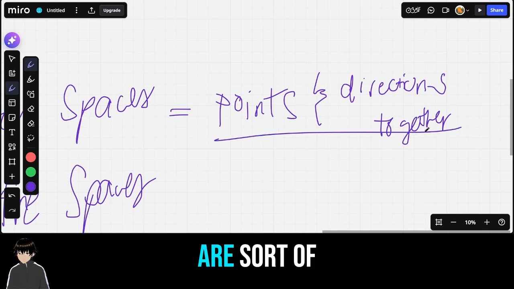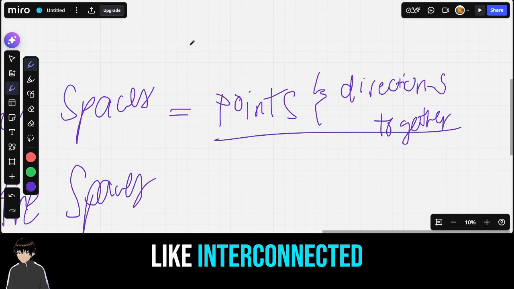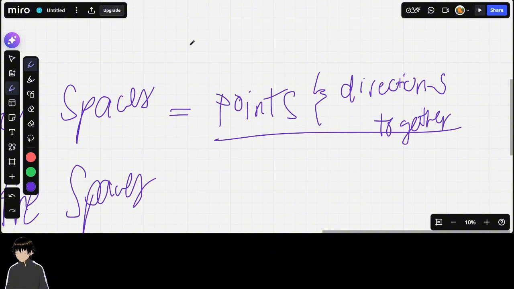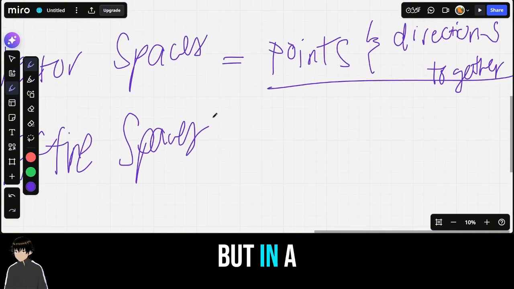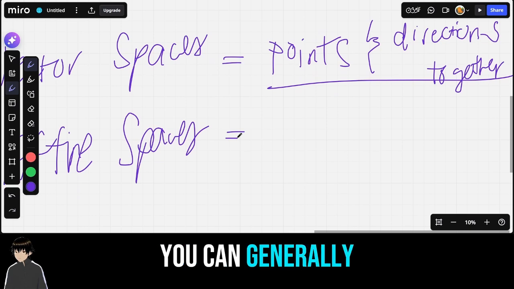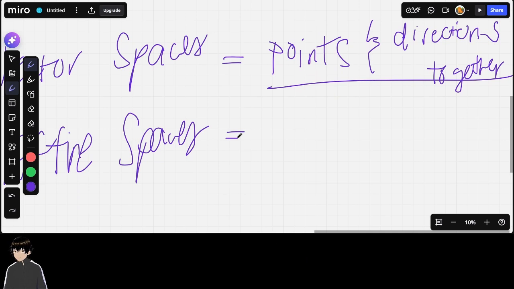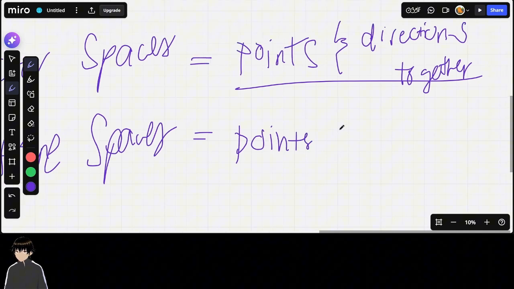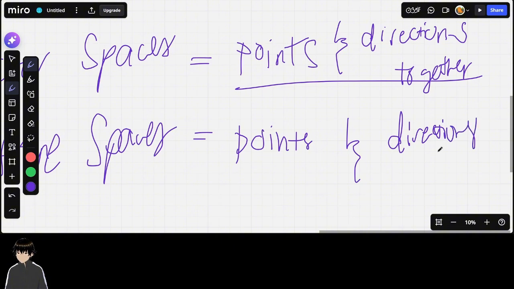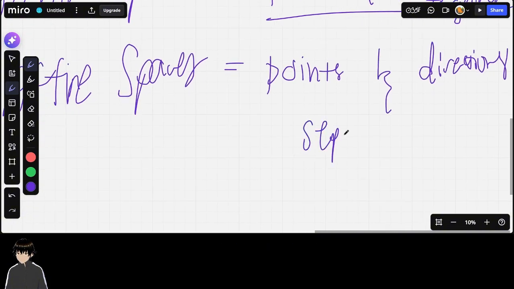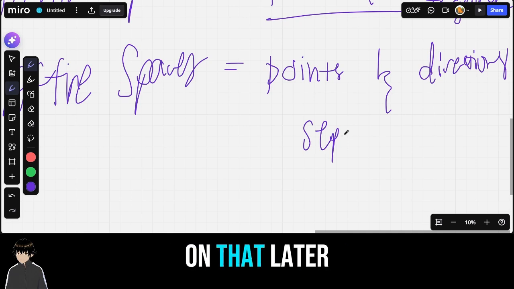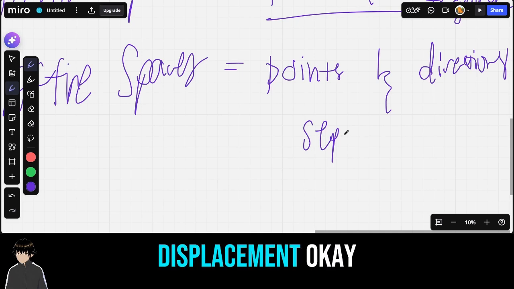These two are interconnected, they're related to each other. But in affine spaces, you can generally make a separation between these two concepts. So you can talk about points and directions separately. We'll elaborate on that later. But first, let's talk about this displacement, okay?